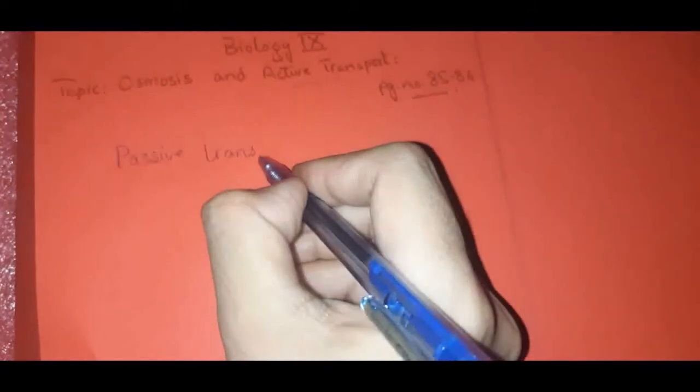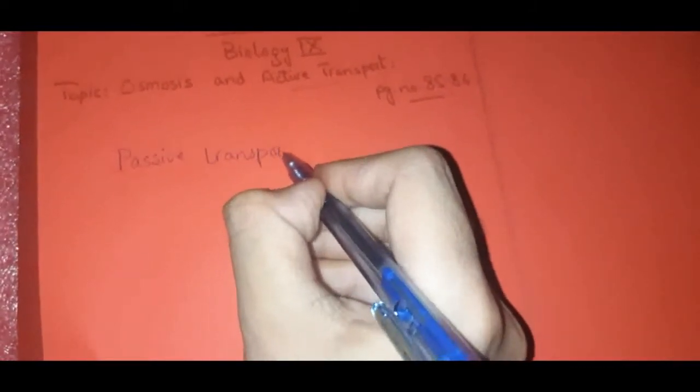So, in our last lecture, we read about a term, and that term was passive transport, right? First of all, let me clear what active transport is, but before that we should recall what passive transport is.